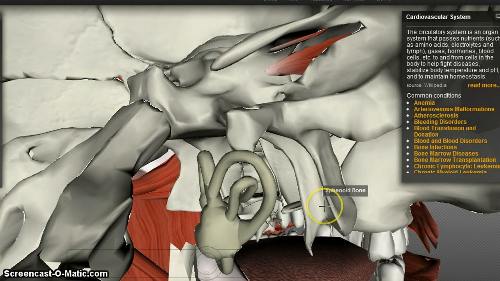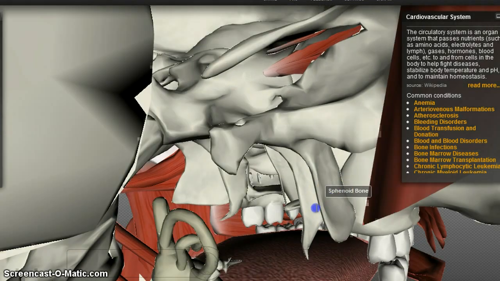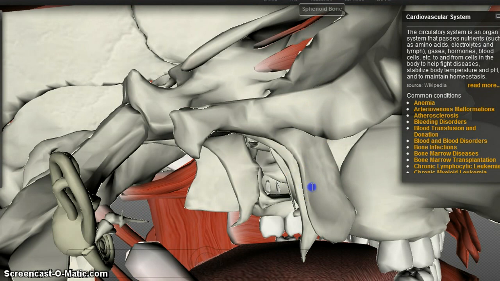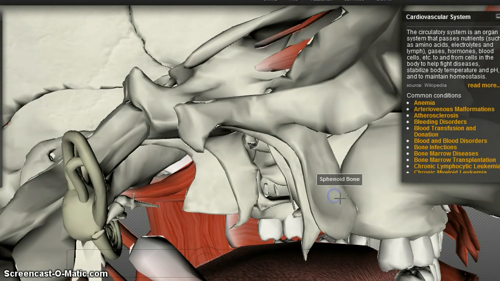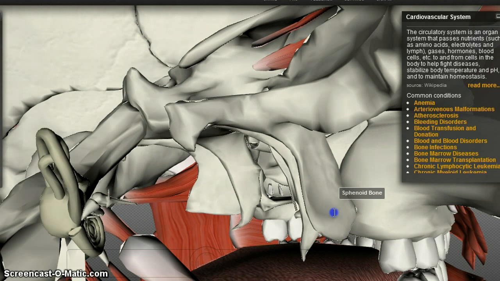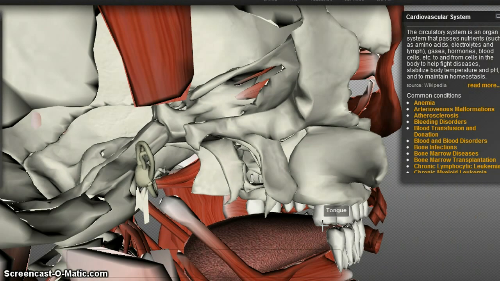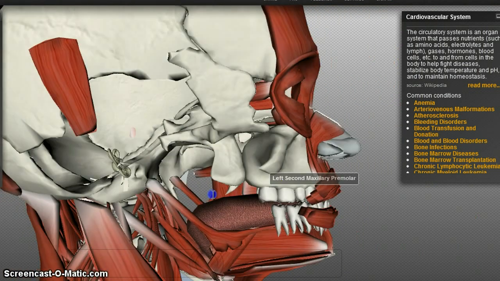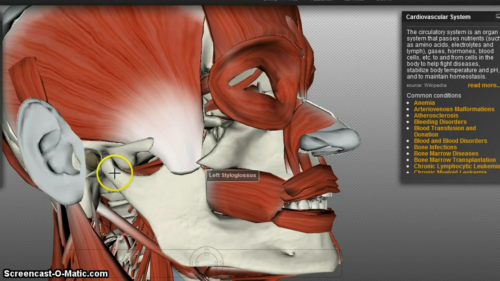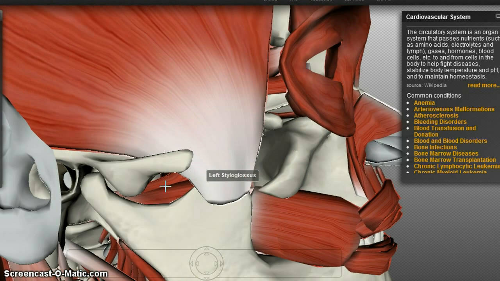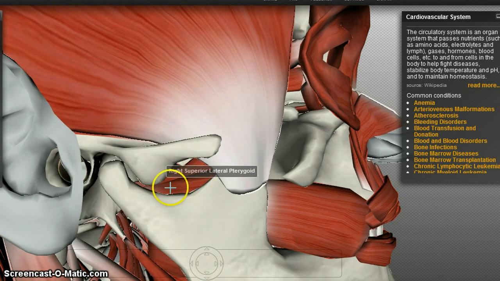That's where the medial pterygoid originates from, the medial aspect of it. So the inferior lateral pterygoid muscle originates from the lateral surface of the lateral pterygoid plate, which is here, and inserts into the condylar process of the mandible. If I bring it back, you can see that's this one here.